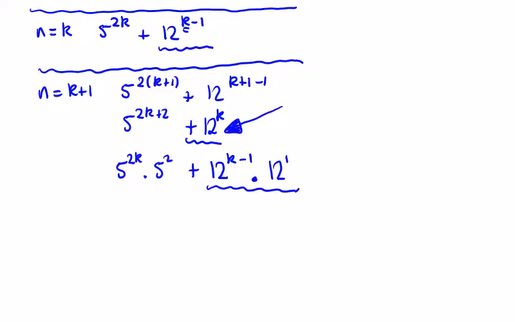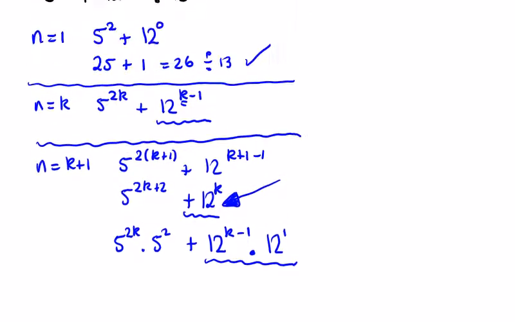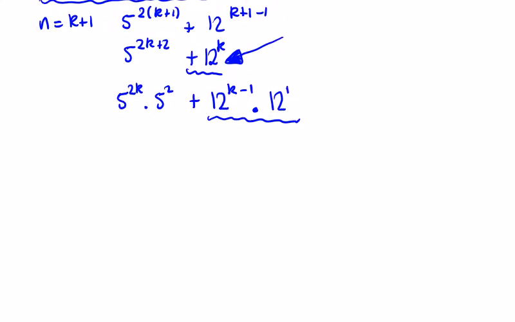So this guy is the same as this guy, so I haven't changed this value. So that should help me now with my assumption. So I have, now we want it divisible by 13. So we know that we're going to have to get a 13 in here. So I have 5 squared, so I'm going to write 25 by 5 to the power of 2k plus 12 to the power of k minus 1 by 12 to the power of 1. How can I get my 13 in here?